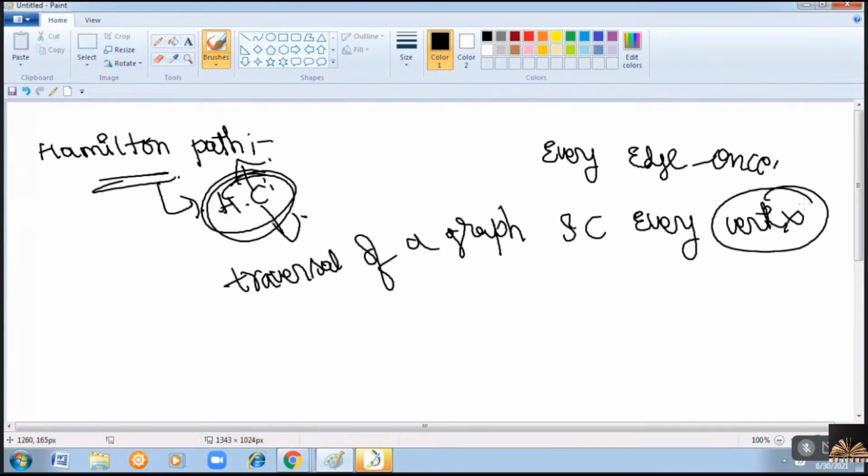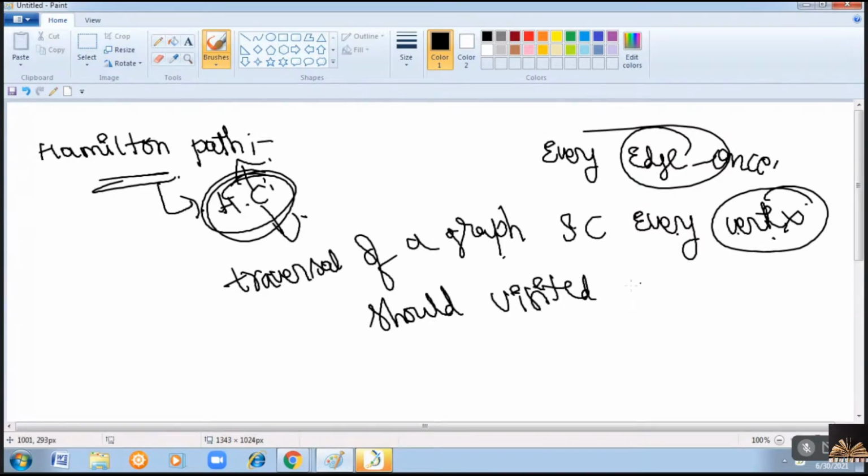For an Euler graph, you are talking about the edges. For a Hamilton graph, every vertex should be visited exactly once. Edges may be repeated. You may repeat the traversal of the edges more than one time. Clear?